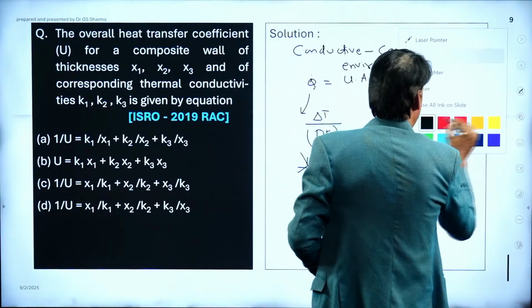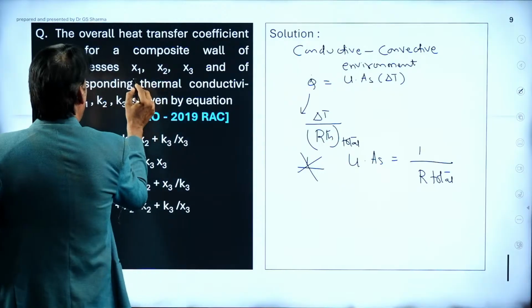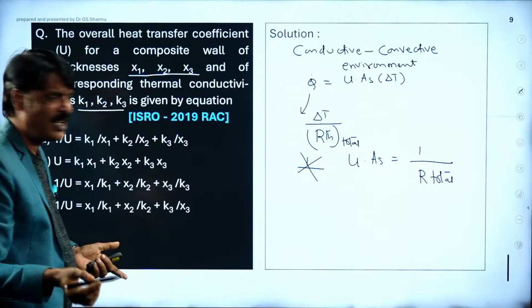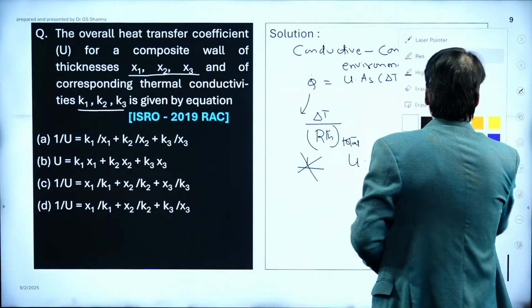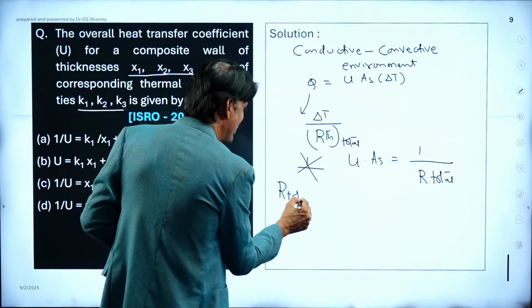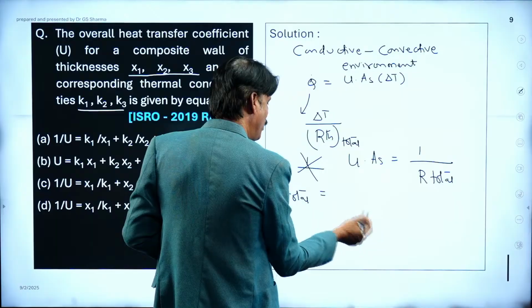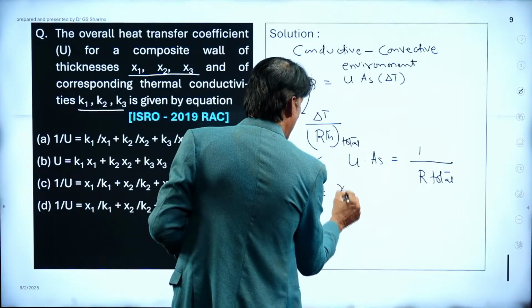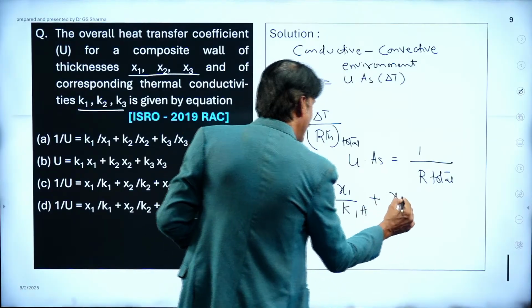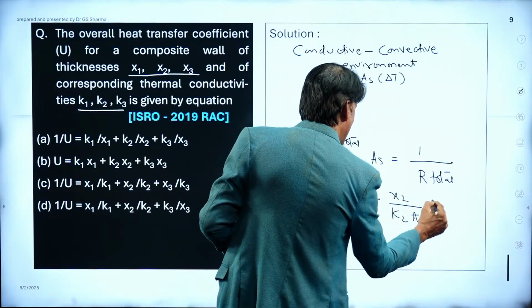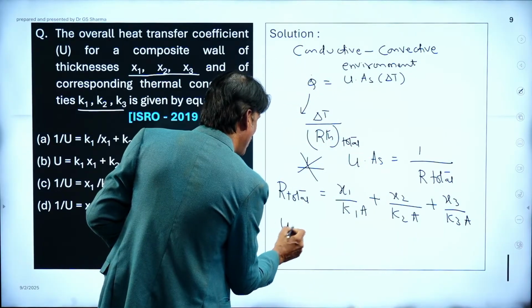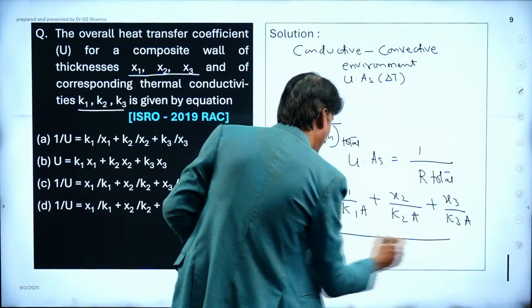Here they clearly have a composite wall of thickness x1, x2, x3, K1, K2, K3, and the areas are constant. Because no convective system is specified here, I can write total thermal resistance as x1 by K1 into A plus x2 by K2 into A plus x3 by K3 into A.